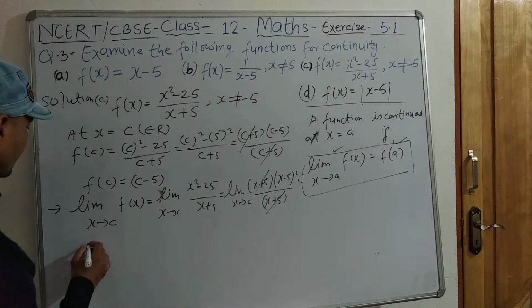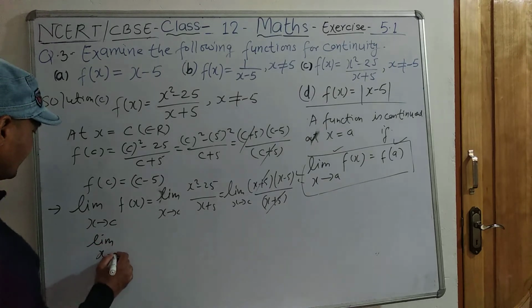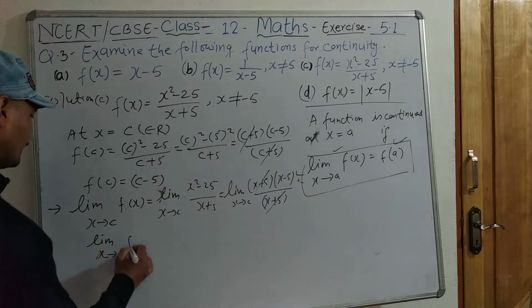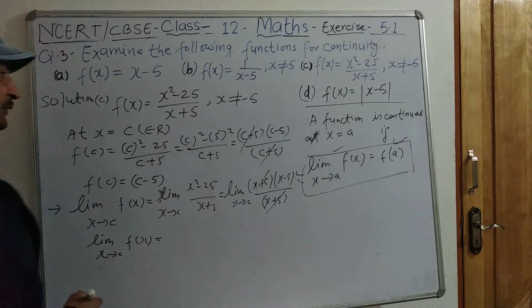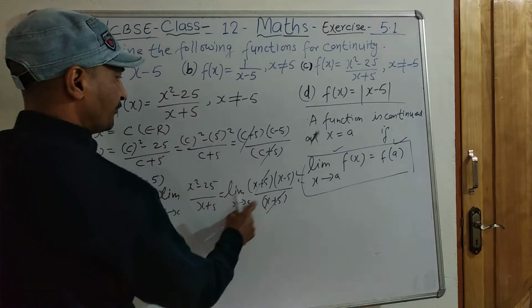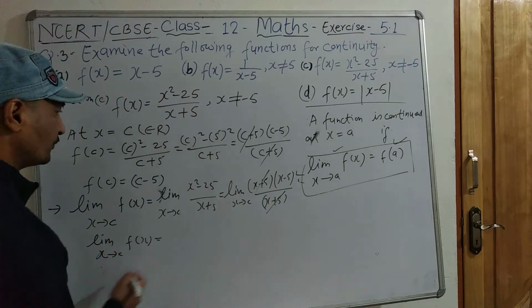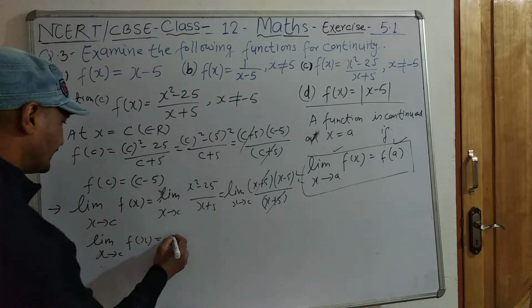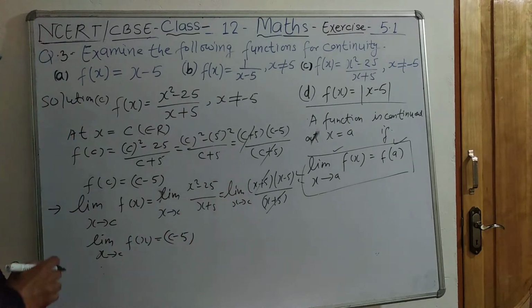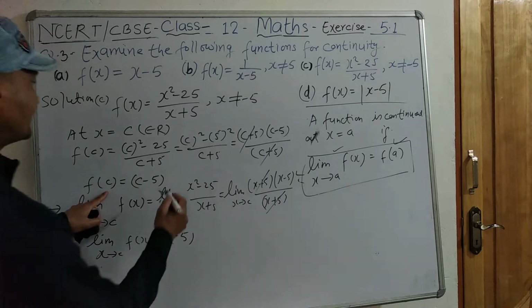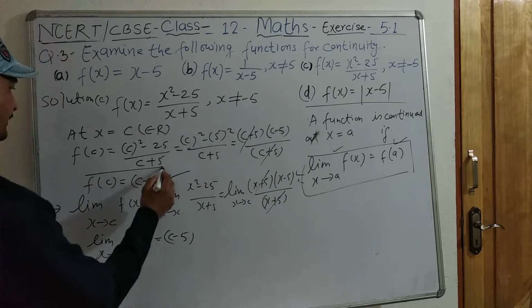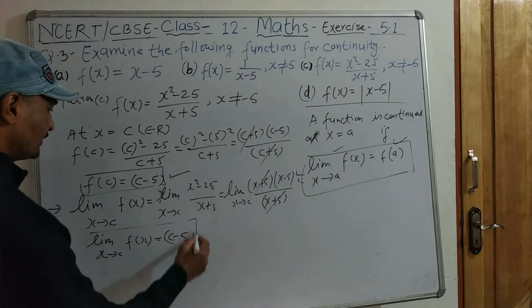So that means limit x tends to c, f x equal to, if we put c in the place of x, it is c minus 5. So f of c is c minus 5, and this limit also is c minus 5.